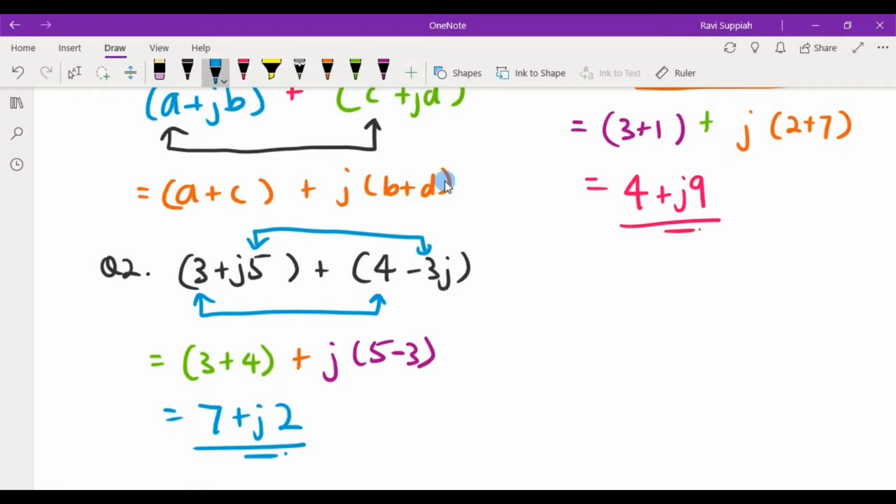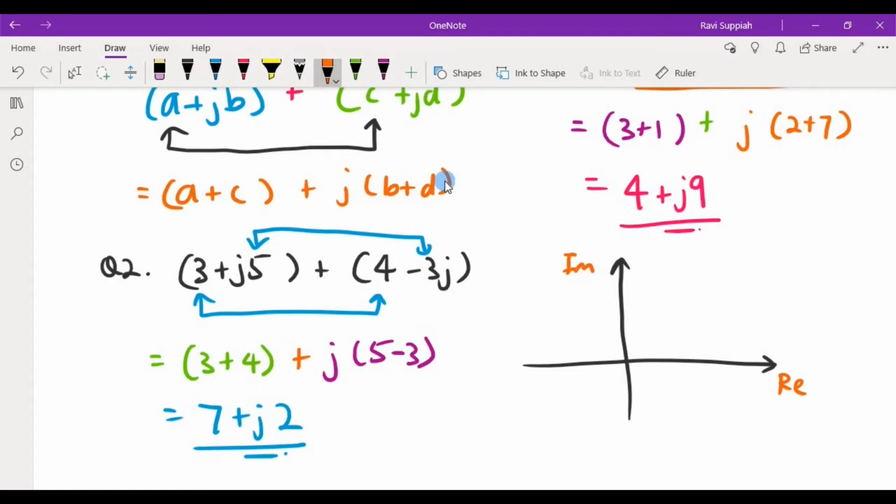Now let's understand how I can also perform such addition or subtraction operations using the graphical approach. Let me draw the axis here. So here I have the y-axis and here I have the x-axis. This would be the real part and here will be the imaginary part.